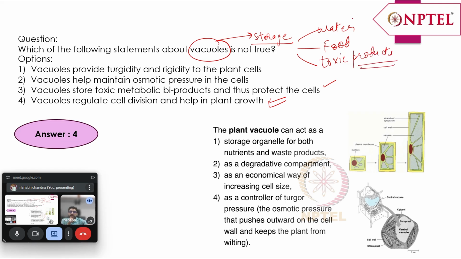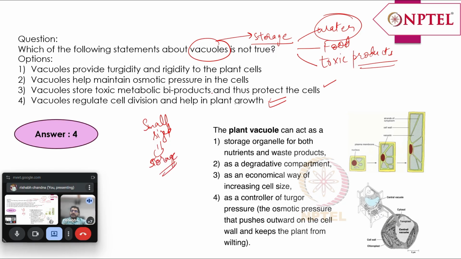In the case of animal cells, vacuoles are not that persistent; if some are present, they are small and for storage only.